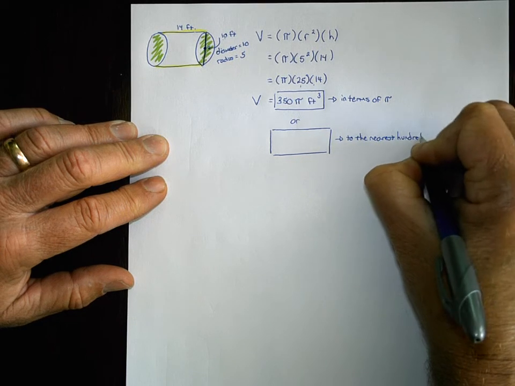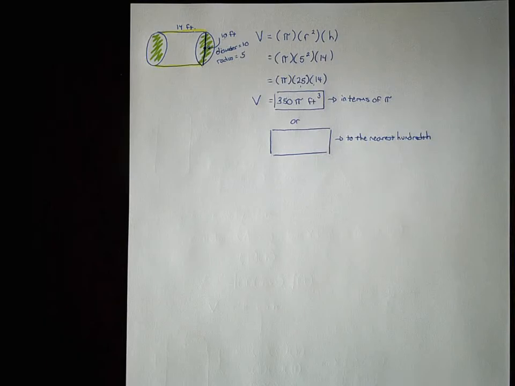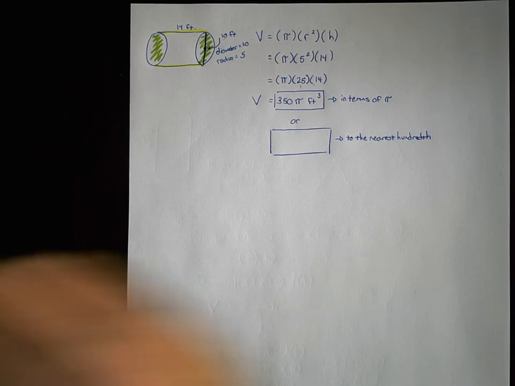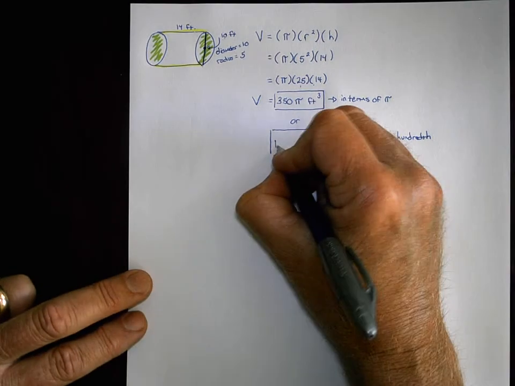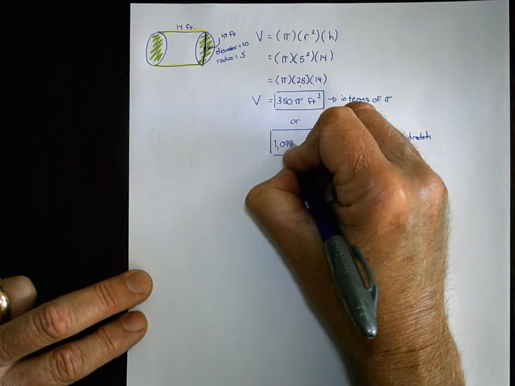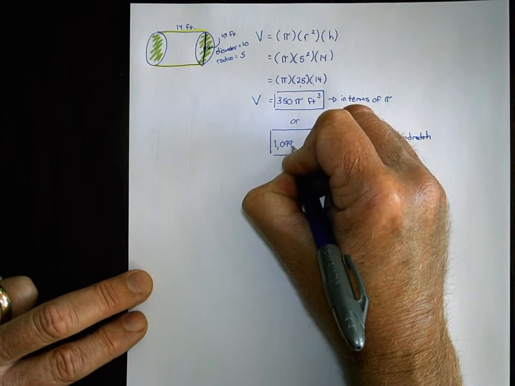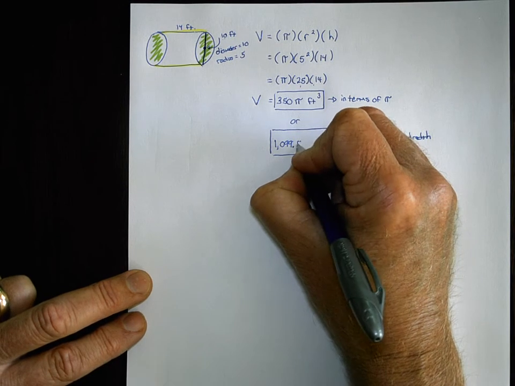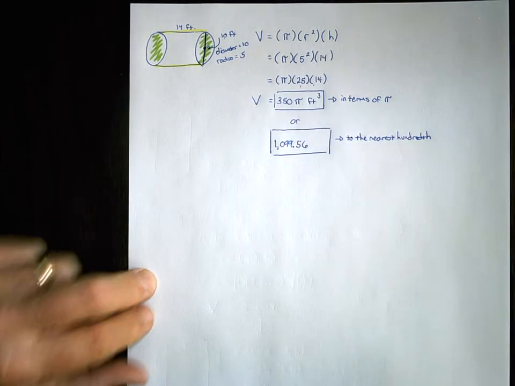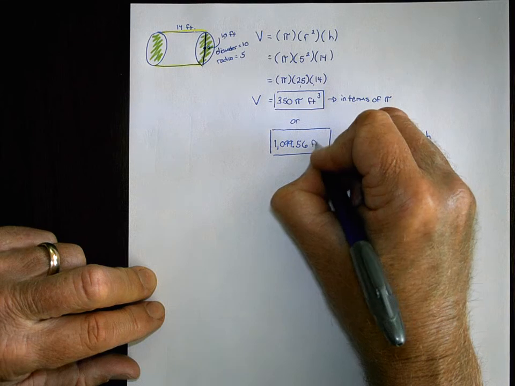then you'd get out a calculator and you would multiply 350 times pi. And you could use 3.14 for pi if you wanted to, or you could use the pi symbol on your calculator, it doesn't matter. But you would get 1099 point, and if we're rounding to the hundredths, that means we're rounding to the second decimal place, 0.56 cubic feet.